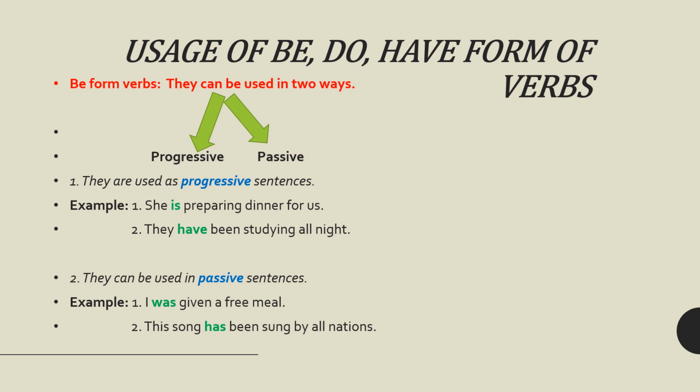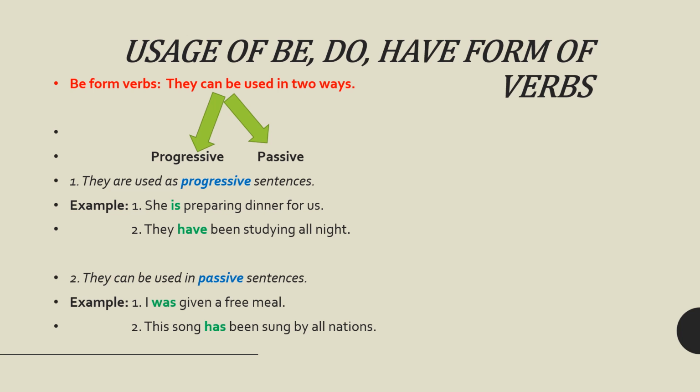First, they are used in progressive sentences. Example, she is preparing dinner for us. They have been studying all night. Is and have in both the examples are acting as helping verbs in the progressive sentences.